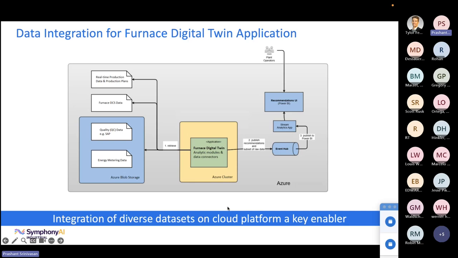So this data integration is often very challenging. In an ideal situation, you have all the data in a single historian like an OSI Pi, and you could pull that data and use standard interfaces to the cloud. But sometimes the data is very much scattered, and there is a significant effort in the data consolidation and integration.